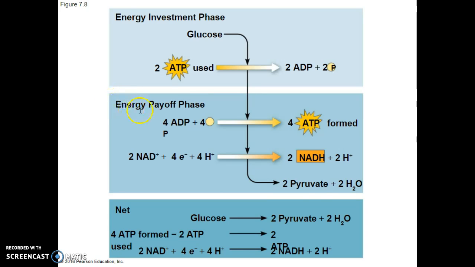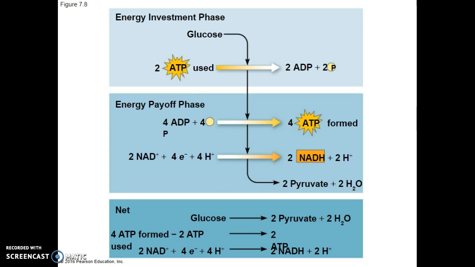As you can see here, we have 4 ADP and 4 ATPs are formed. So the net of glycolysis, because we have 4 ATP formed and 2 ATPs used, we get a net of +2, because 4 minus 2 is 2, and we have 2 NADHs. So the net of glycolysis is 2 ATPs and 2 NADH.